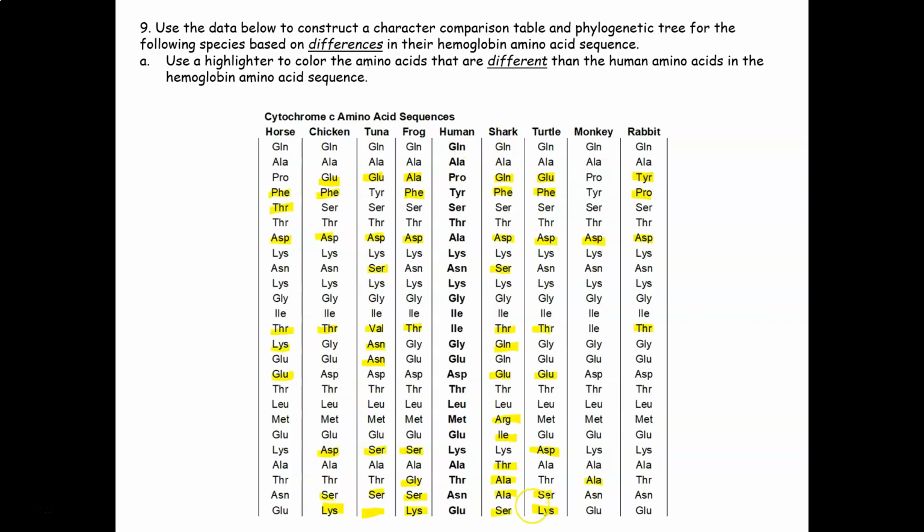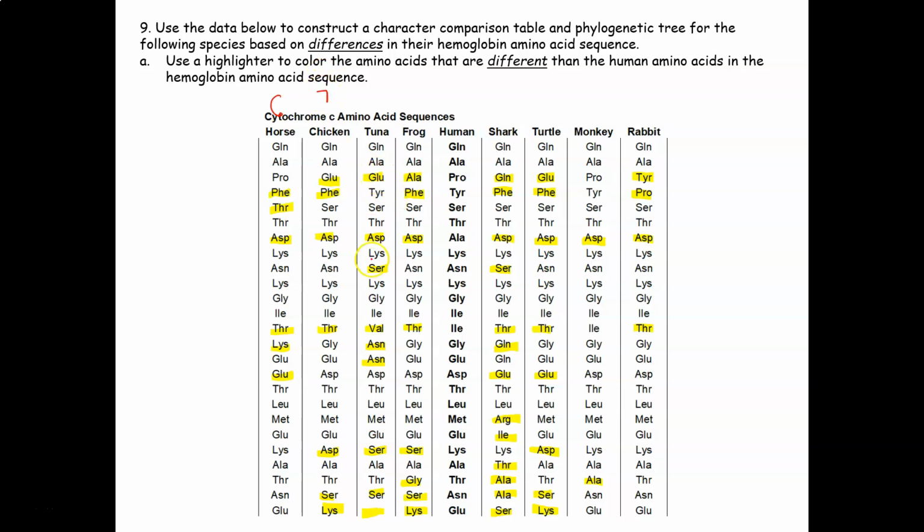All right. So there are our number of differences. So let's go ahead and count up how many we see. So if I take a look at the horse, we've got, let's see, 1, 2, 3, 4, 5, and 6. And so I'm just going to write that at the top here. You guys have a table to write this in. The chicken, 7.